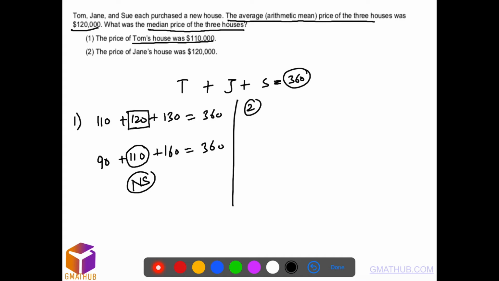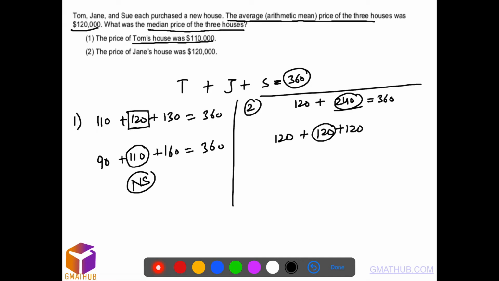Now if one value is 120, the sum of the other two values must be 240, so that the total sum is 360. Now if the other two values are equal, it will be 120 each and the median will be 120. If they are not equal, like one value is 110, another is 130, 120, one value is fixed.